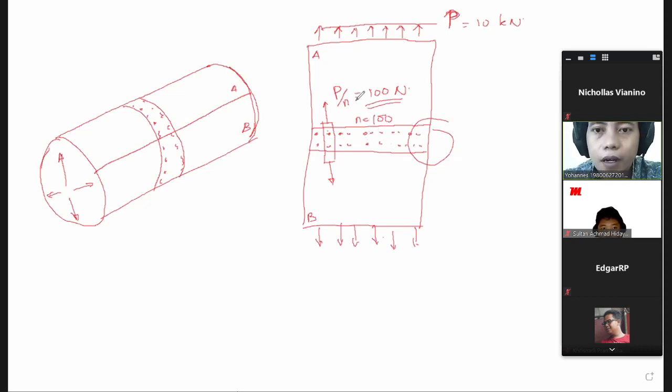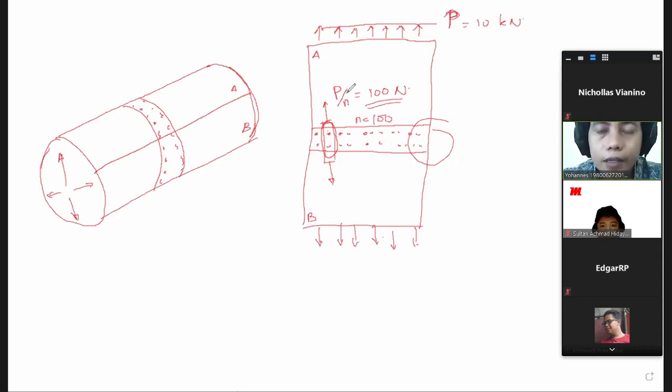And how to know the total capacity of this joint? For sure, by multiplying by the number of rivets. So we only analyze this isolated area. No need to calculate one by one.